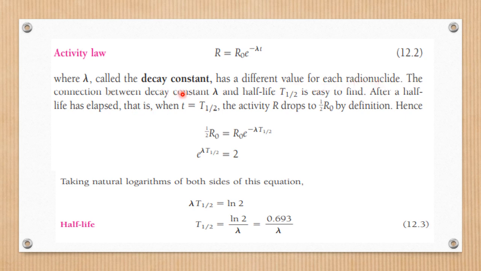The connection between decay constant and half-life is very easy to find. After one half-life, t will be equal to T half, so the activity R drops to R0 by 2. Substituting those two values, R as R0 by 2 and t as T half, and solving, we get T half is equal to ln 2 by lambda, or 0.693 by lambda.